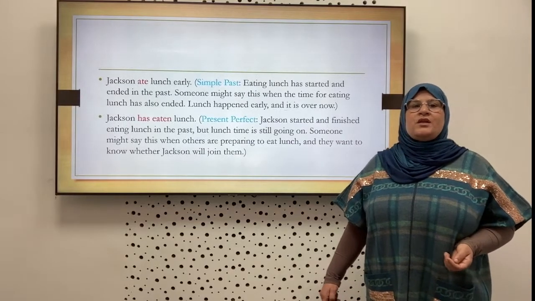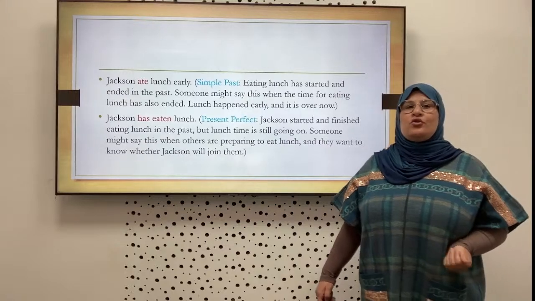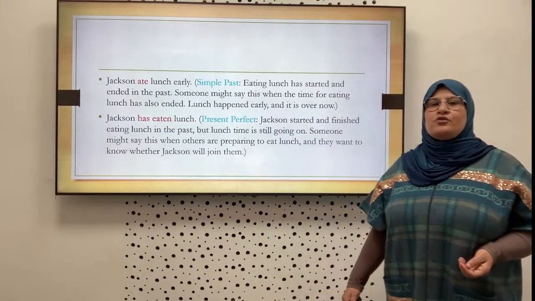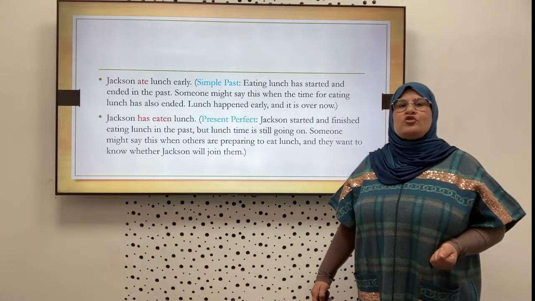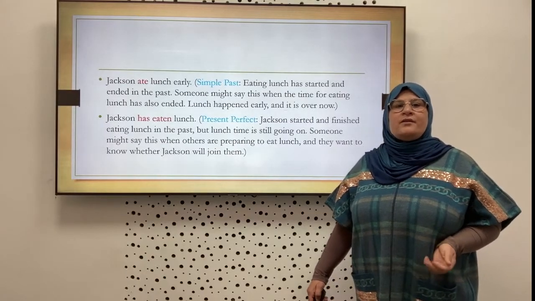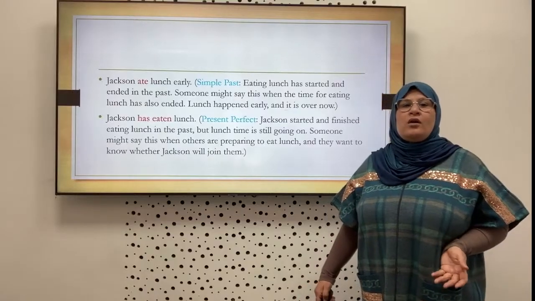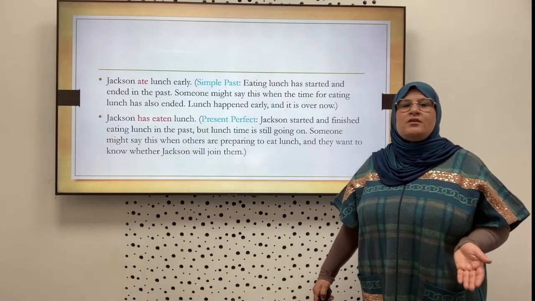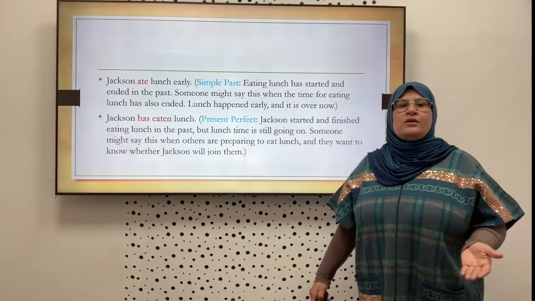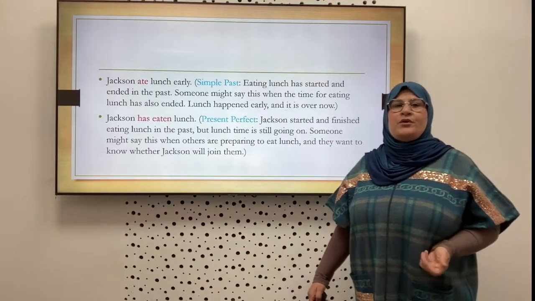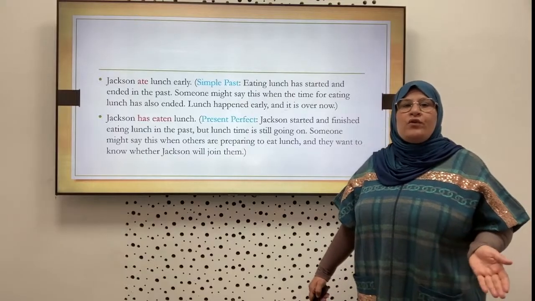Another example. Jackson ate lunch early. Ate, the simple past of the verb to eat. Here we are using the past simple. Eating lunch started and ended in the past. Someone might say this when the time for eating lunch has ended, but lunch happened early and it is over now.